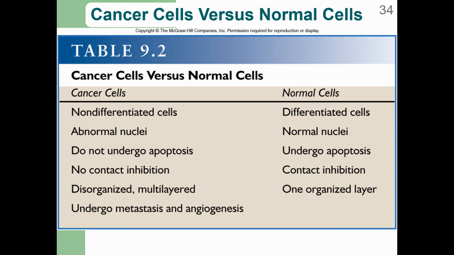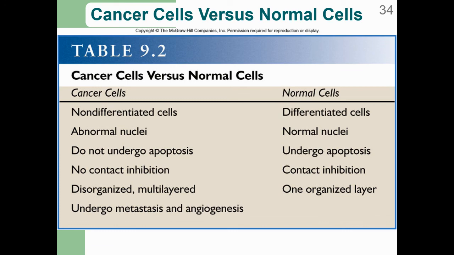We can have multiple in the same cell. These never get that signal for apoptosis, to commit suicide. They don't know there's something wrong with them. Normal cells, if there's an error at any of those stages in the cell cycle, they get a notice to undergo apoptosis. Here we have no contact inhibition, just continued growth.